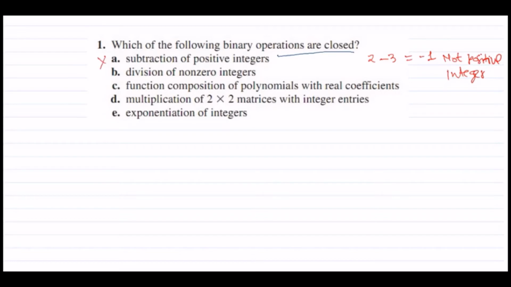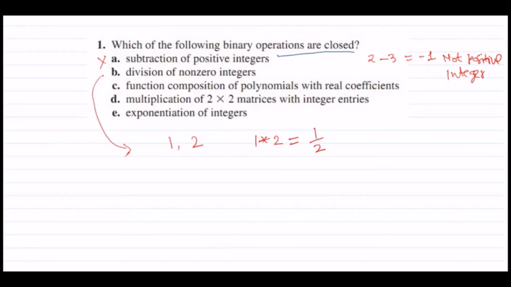Second one, division of non-zero integers. When we divide any two integers, suppose 1 and 2, in terms of binary operation we can write 1 operated with 2, and for this one we can write 1 by 2.